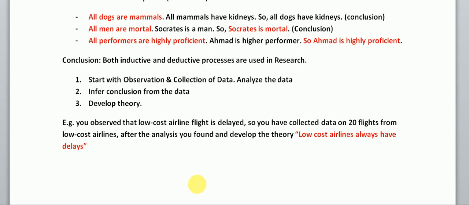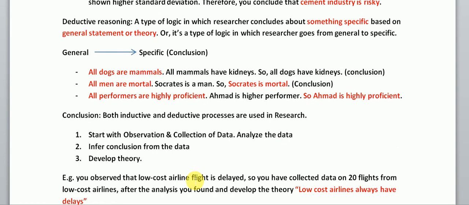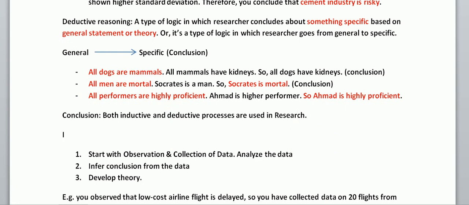Okay, that was an example for inductive reasoning in research.